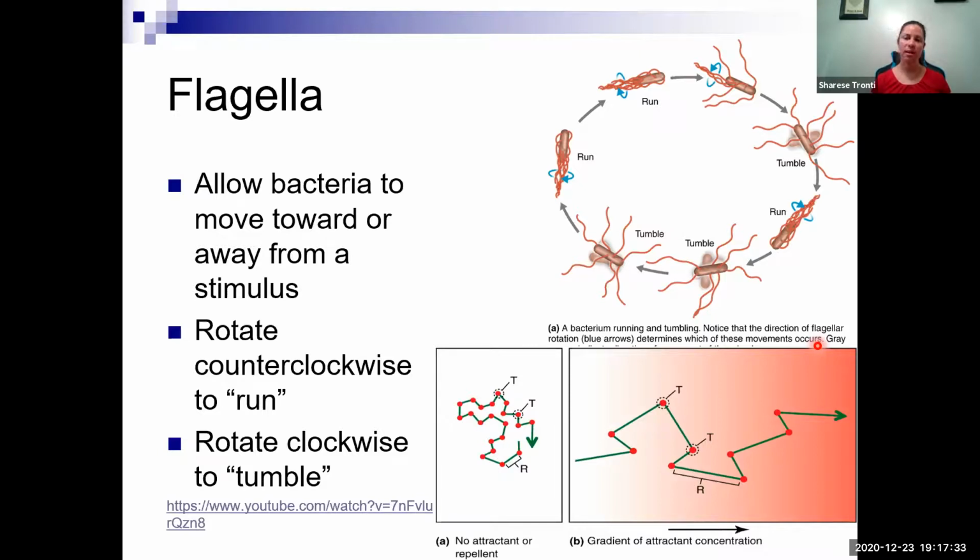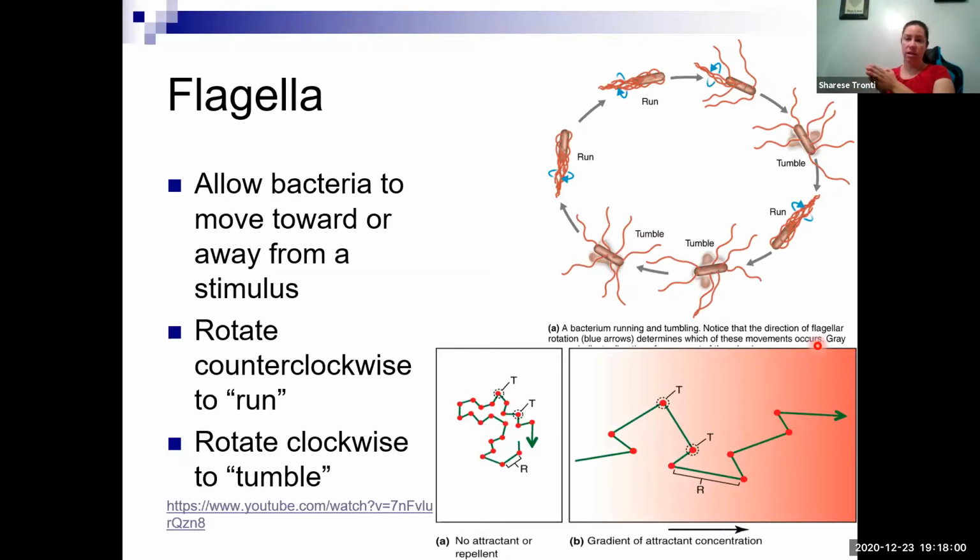It's kind of like a game of red light, green light. Not red light, green light, I'm sorry. Like hot and cold. You know how you play the game, oh yeah, you're hotter, to where it is that you're trying to find. So they start running in one direction, and then they'll stop and tumble, so they're going to change direction, and then they'll start running in that direction.